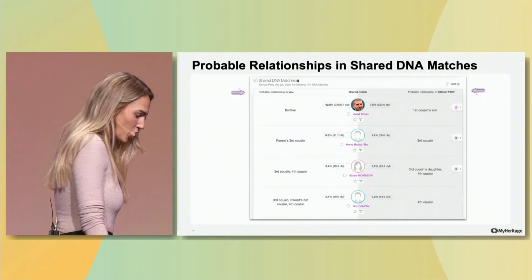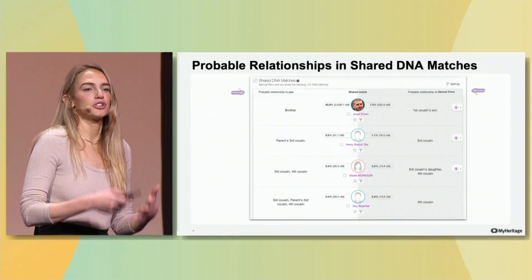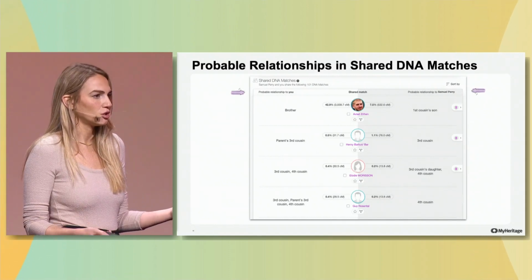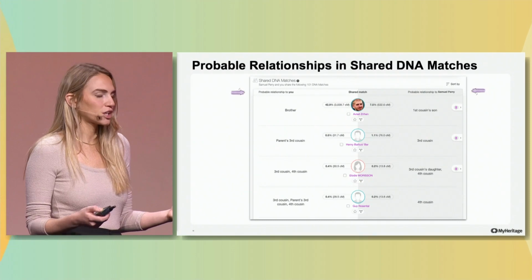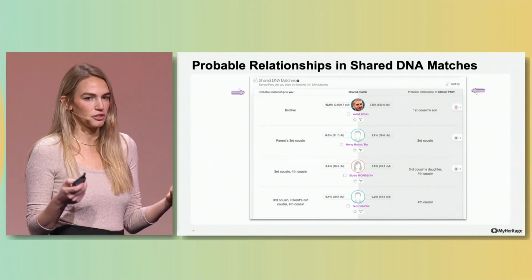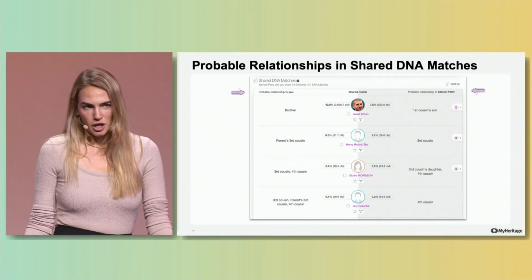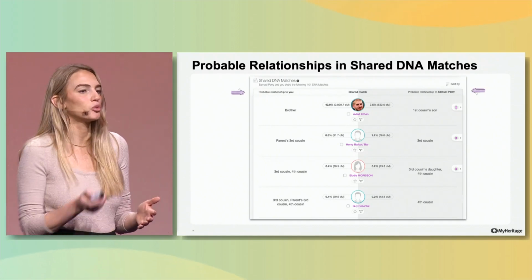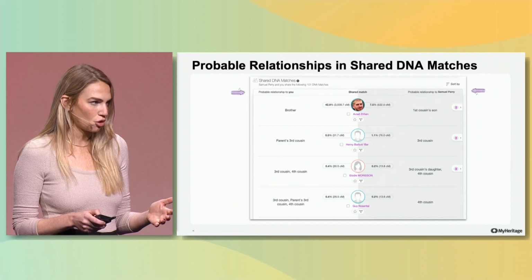OK. So we saw we have prediction for relationship. We have the most recent common ancestor. But also an important tool when researching DNA matches are the shared DNA matches. And as I mentioned, shared DNA matches are the people that share DNA with you and the DNA match that you're currently viewing.